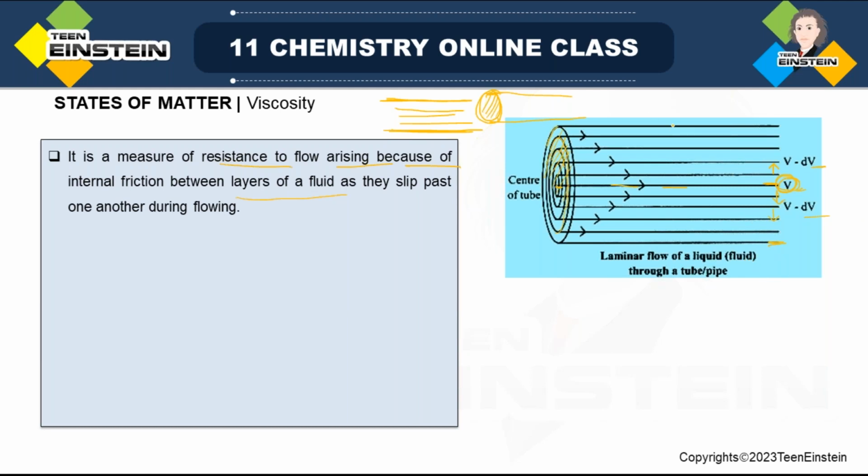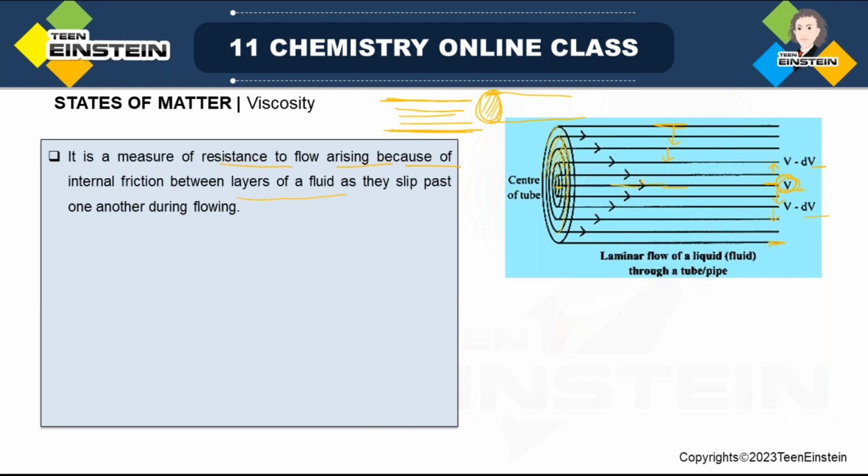So as you move from the wall gradually towards the middle zone, the velocity of the liquid layers increases. That means when you move towards the surface of the wall of the tube, there is some resistance. This is actually because of viscosity. It is a measure of resistance to flow. Maximum flow is possible in the middle zone, so that is why V is max.